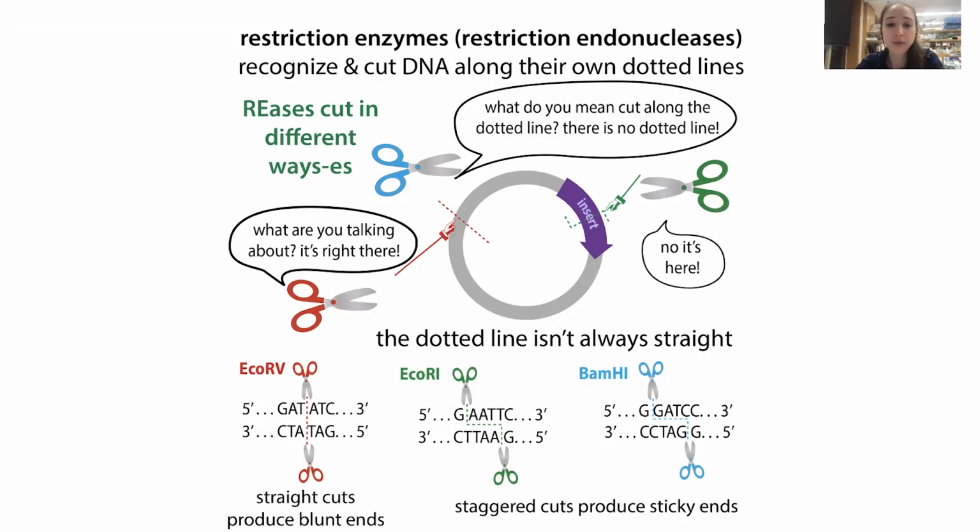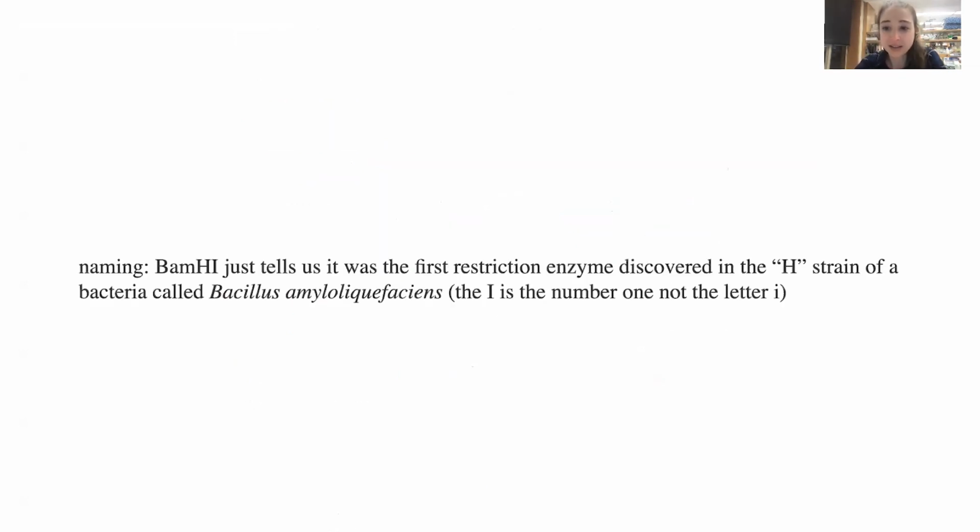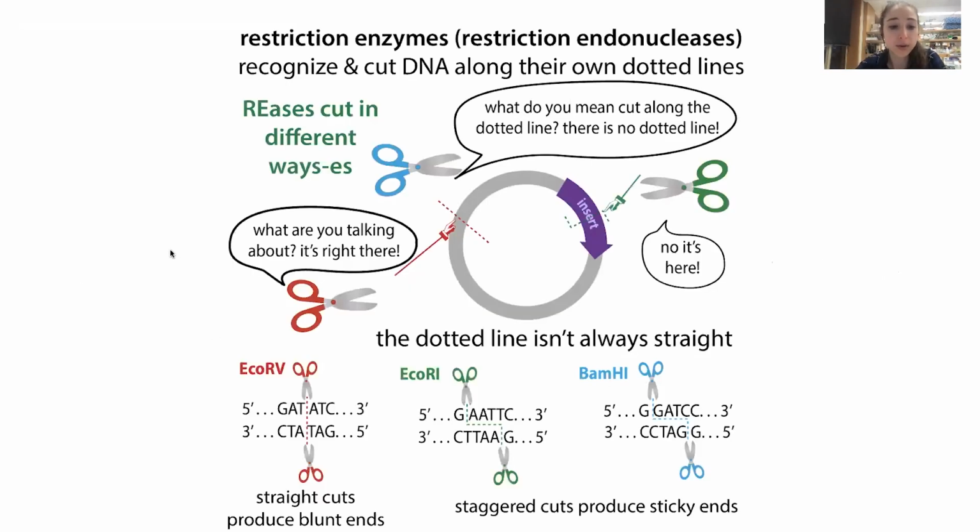And the name comes from the bacteria that they come from. The number is the order in which they were found in there, so 1 would be the first one they found. The name part refers to the bacteria it was found in, and potentially the strain. BamHI is a common one that we use.